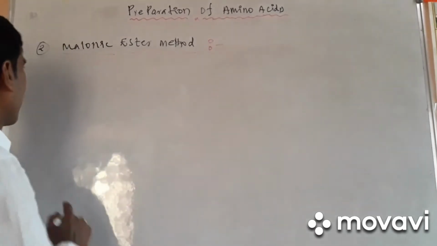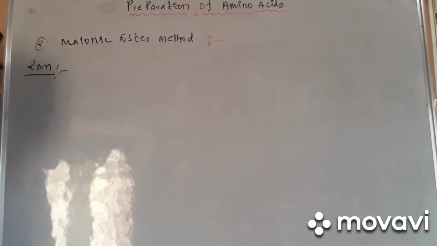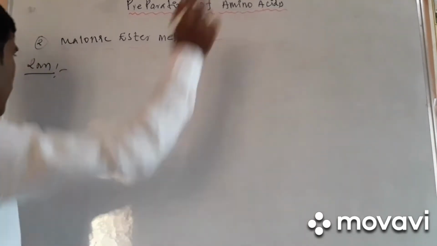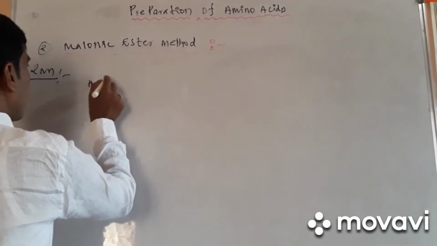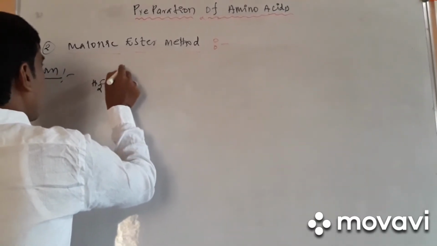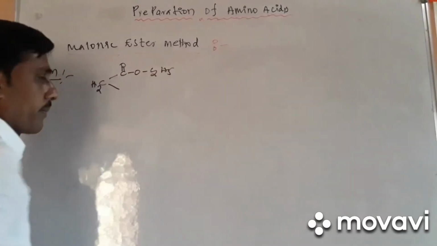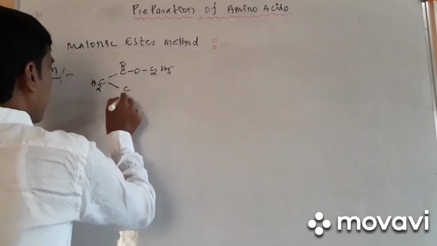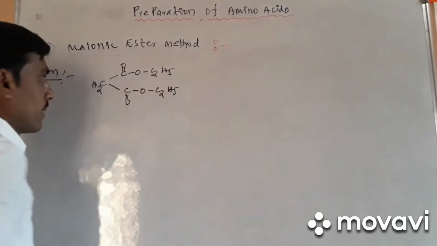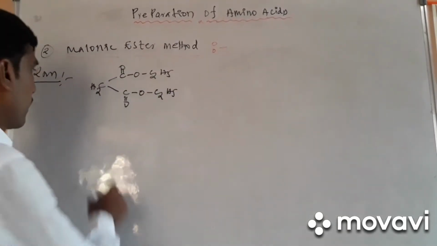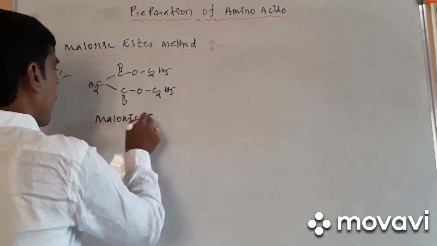To see that reaction condition, first we use malonic ester. The malonic ester formula is CH2(C double bond O C2H5)(C double bond O C2H5). This is malonic ester.